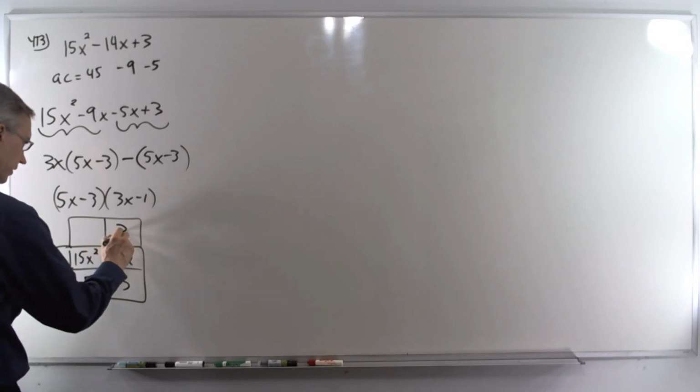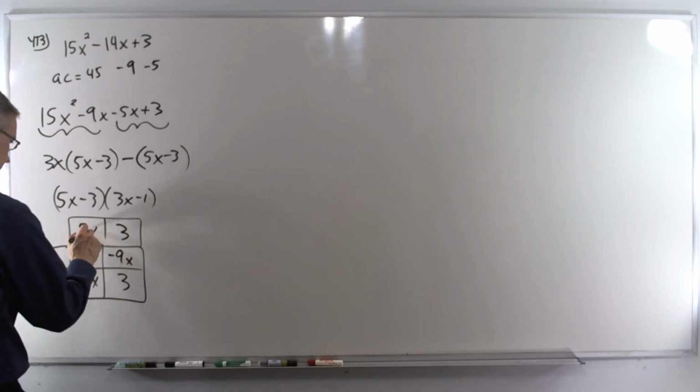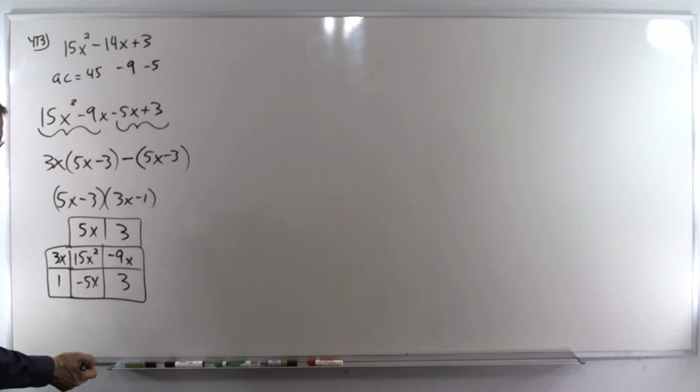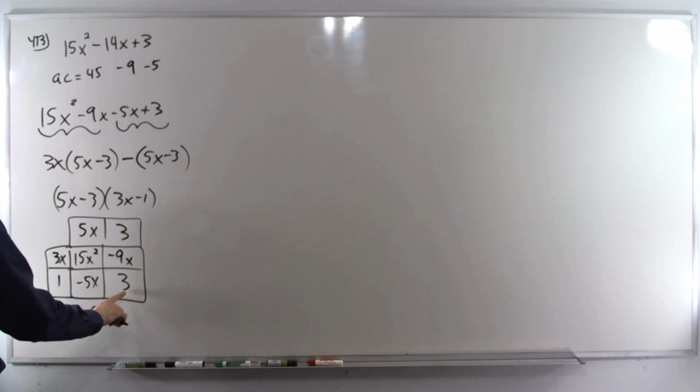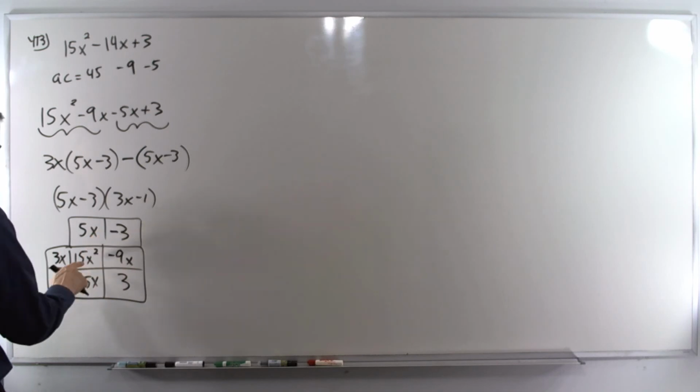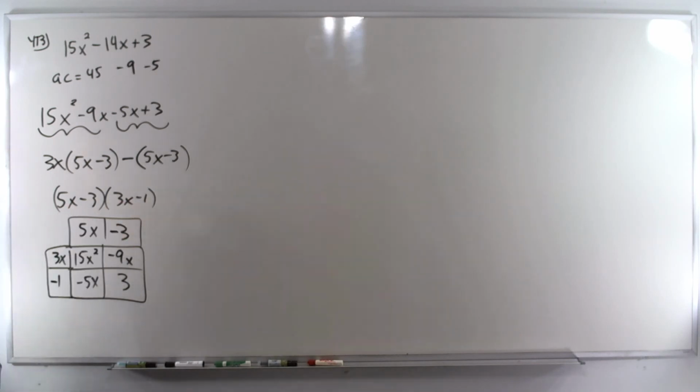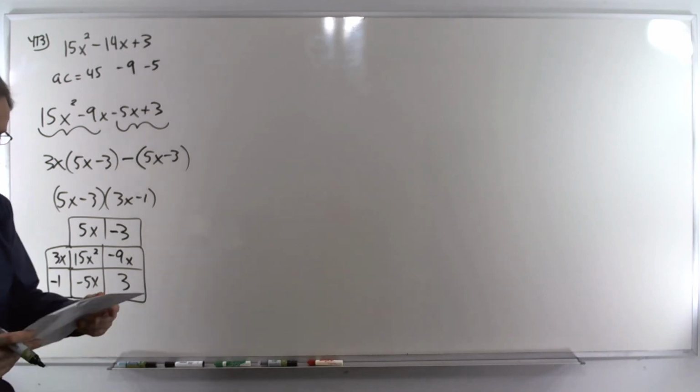And this way we got a 3. This way we got a 5x. This way we get 3x. And this way we get 1. Right now, taking care of the negatives, we got a negative here, so this becomes negative. Positive, positive, positive, positive, negative, negative. So we got 3x minus 1, 5x minus 3, just like we got with the other method.